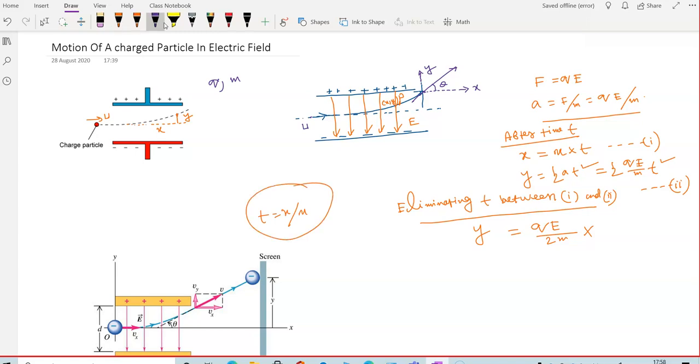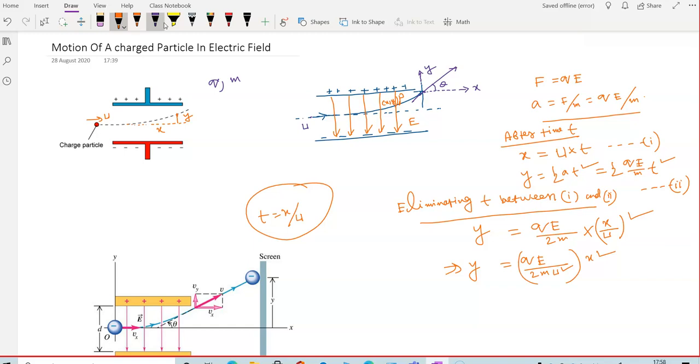I have taken this big U just not to confuse you. So t equals x by u, and t square is going to be x by u, the whole squared. So this implies y equals QE by 2 M u square into x square.